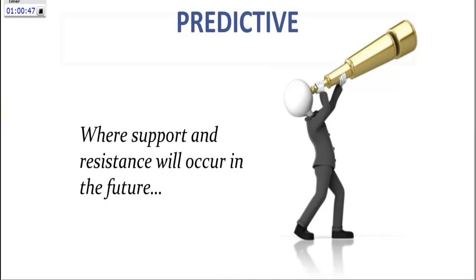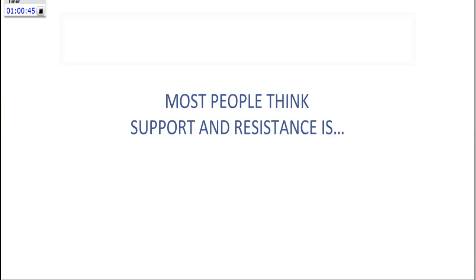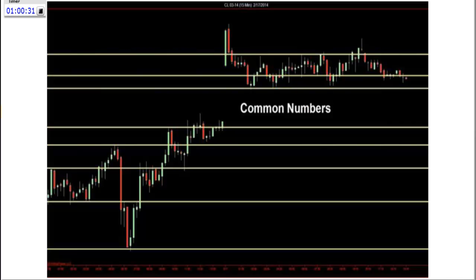All right, let's take a look at what a lot of people think support and resistance is. When most people think of support and resistance, they're probably going to consider some of these types of factors. A very common support and resistance is common numbers.